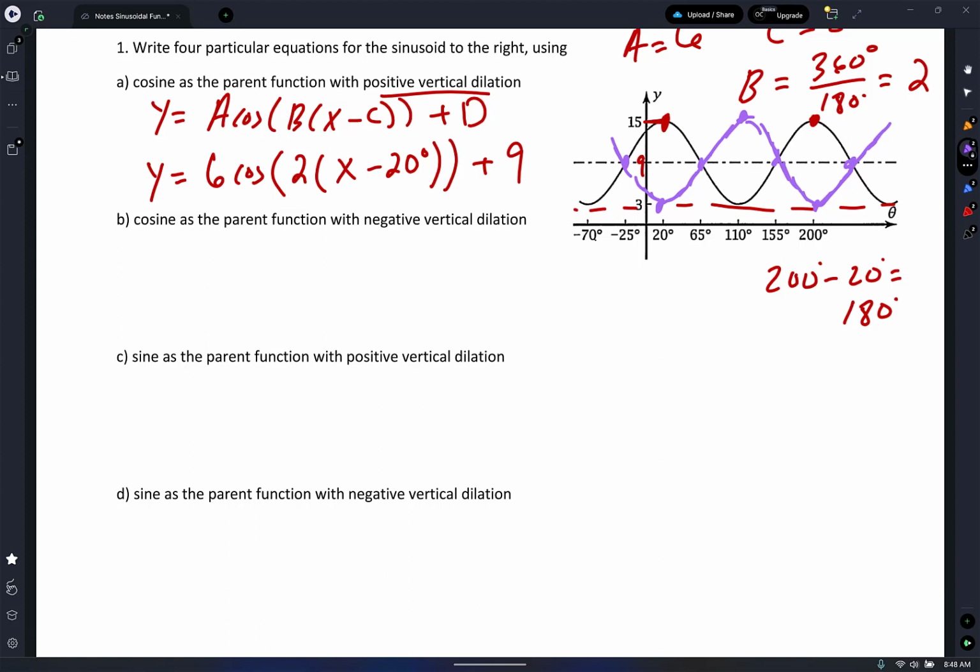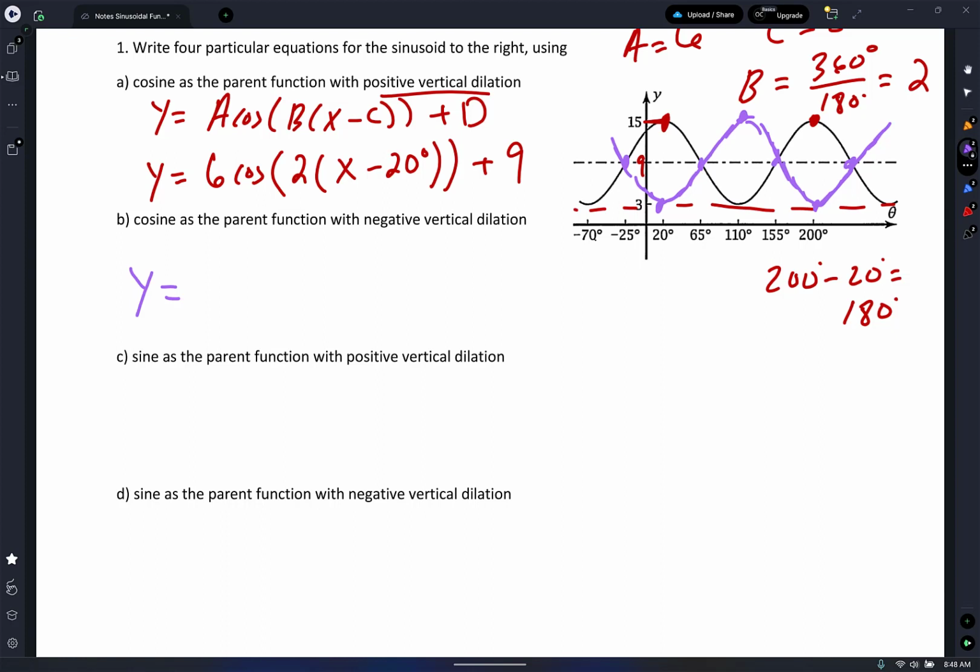So here's how you do that. If I told you I want the equation of that purple curve, but I want to use cosine, you get me one of the peaks.